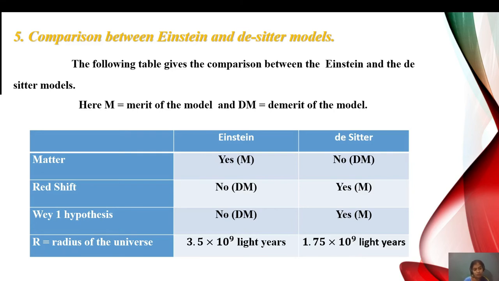The Hubble hypothesis is also explained by de Sitter, but Einstein does not explain it, this is a demerit of Einstein, while de Sitter explains it, which is considered a merit.